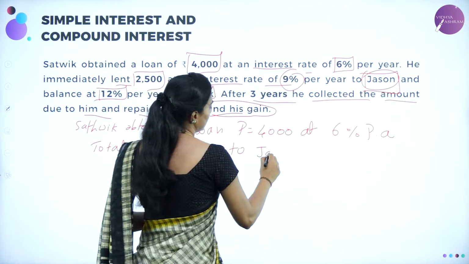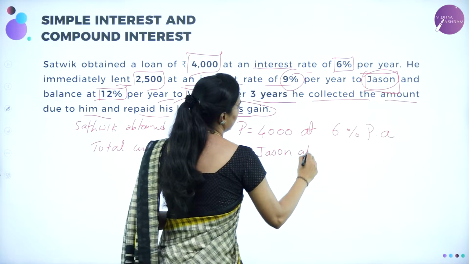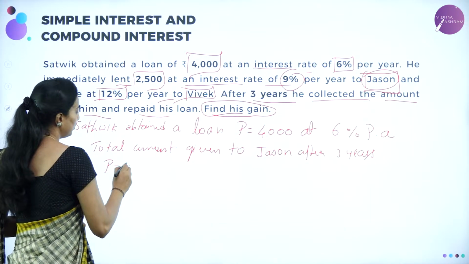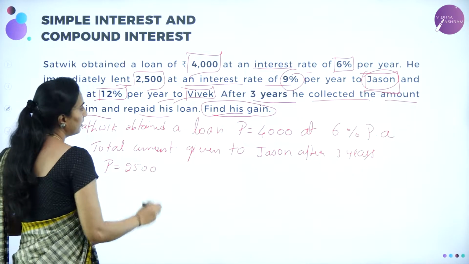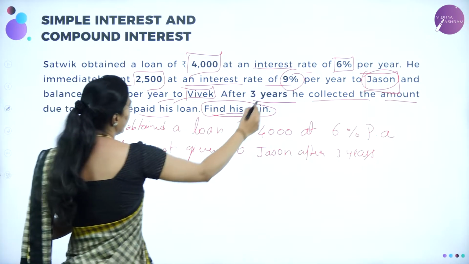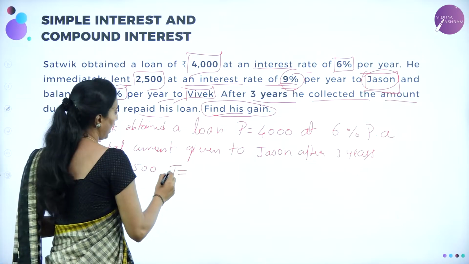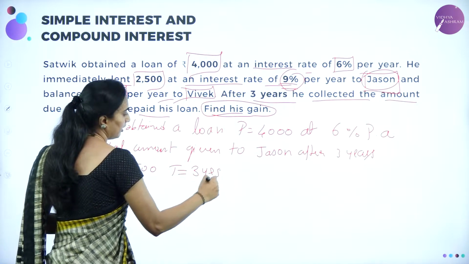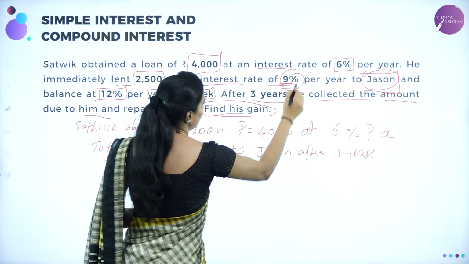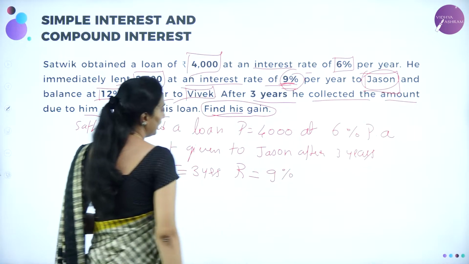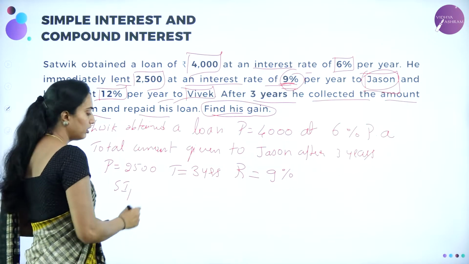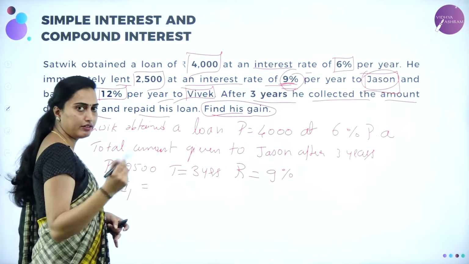Jason, after 3 years. P is equal to 2,500 at what rate of interest? The rate of interest is nothing but 9. T is equal to 3 years. Okay, and R will be equal to 9%. Let me calculate simple interest for this one. I am going to take simple interest 1, which will be equal to PTR divided by 100.